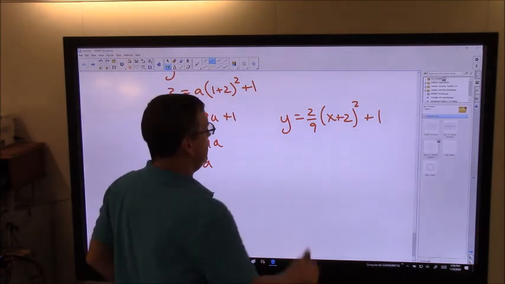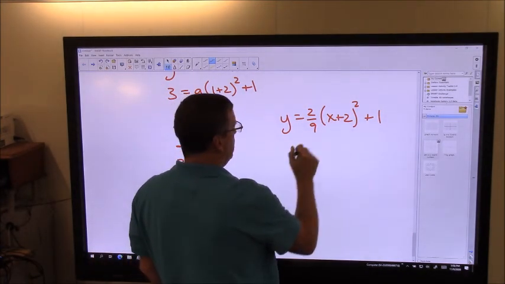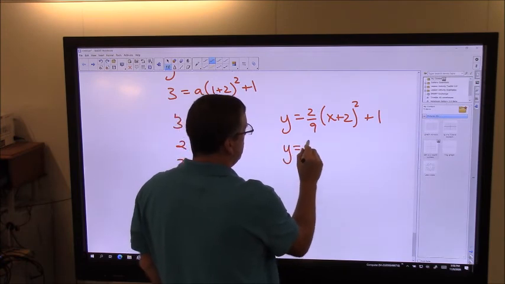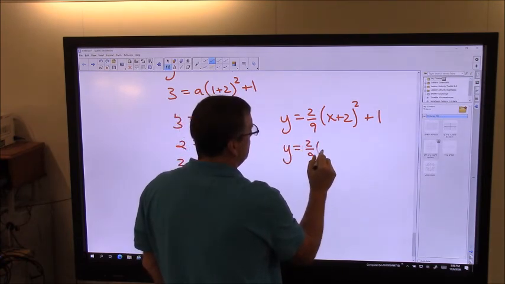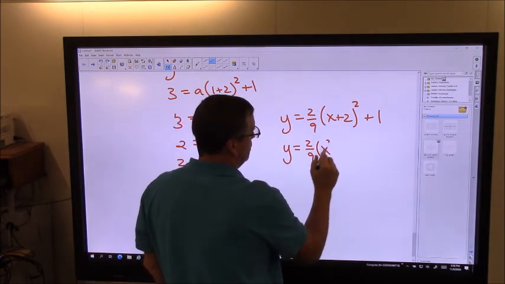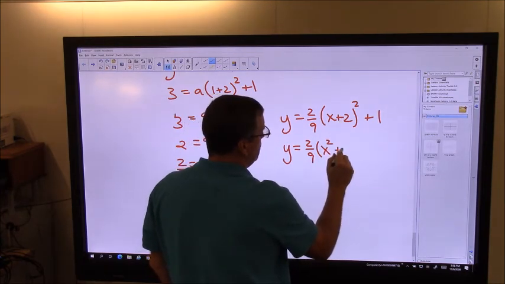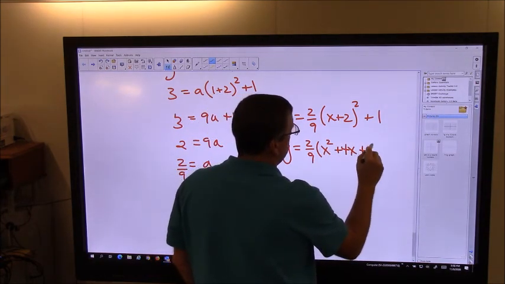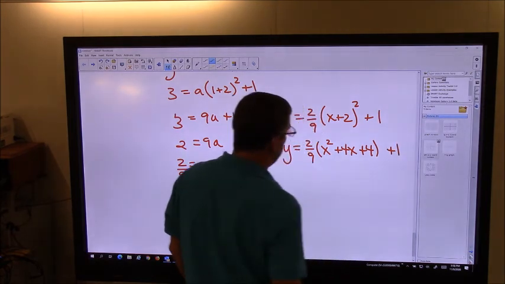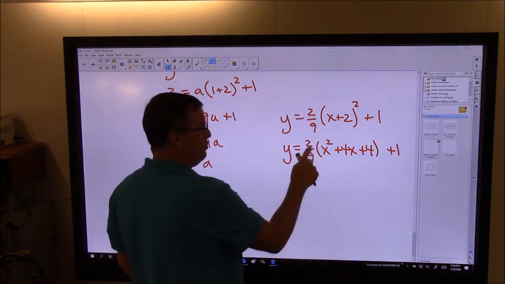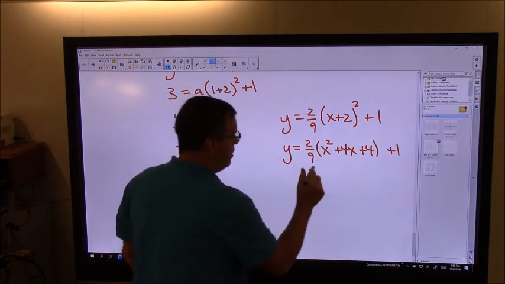So first thing I need to do is I need to square this. So I've got y equals 2/9 times square the first term, multiply the 2 and double it, and then plus 1. Now distribute 2/9 times each of these.